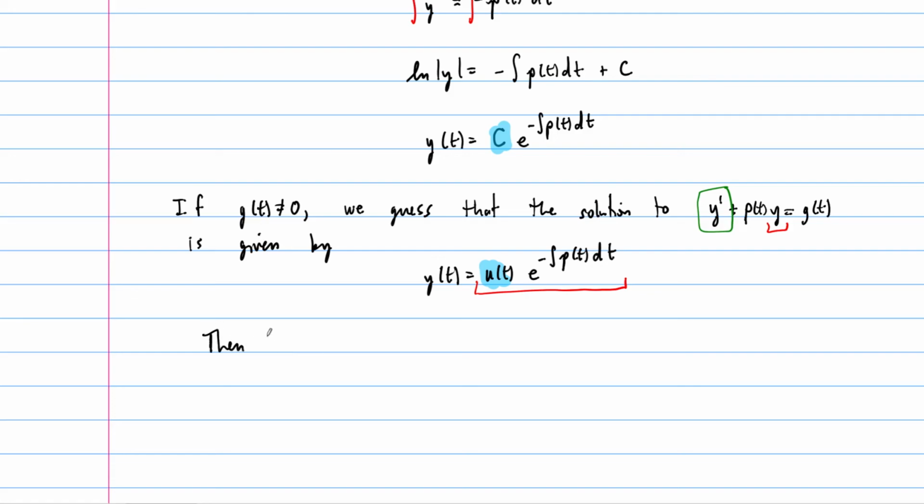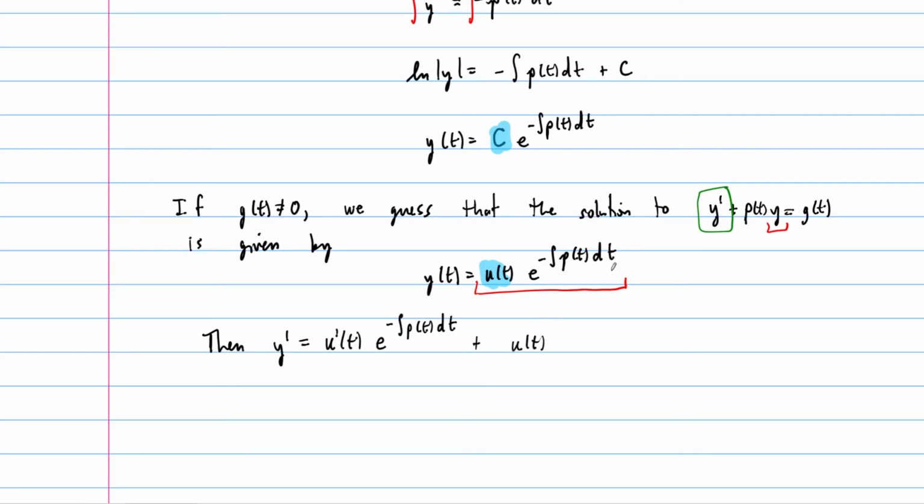So then y prime is equal to, so this is a product rule, right? So the product rule is first going to hit this. The derivative is going to hit this. We're going to get u prime of t times this. So times e to the minus integral p of t dt, plus then the u is going to be left alone.